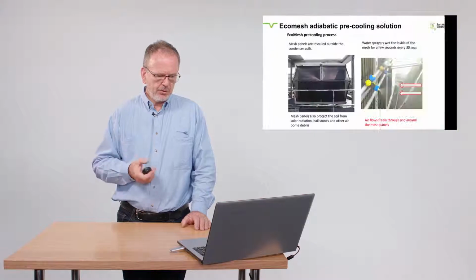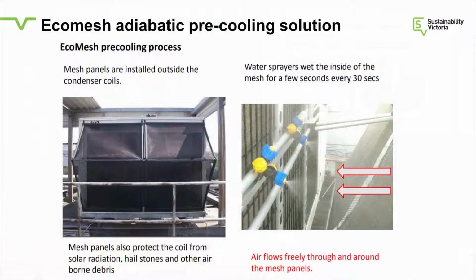Now there's one solution which is quite clever as a retrofittable solution. I'm always trying to find solutions that work for people with an existing system, and this works well on both air conditioning and refrigeration. The principle, as you can see on the photograph, is these mesh panels, a little bit like shade cloth, which are stretched in front of the condenser.